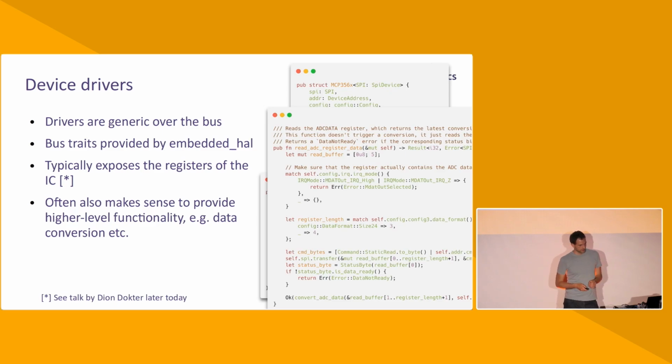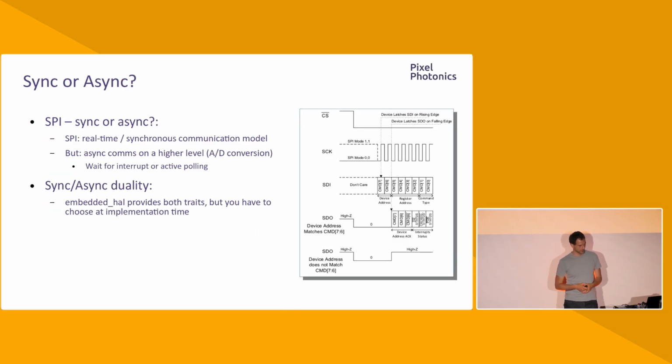Regarding this, I want to quickly go into the sync versus async topic, because there are two observations that we made here. First of all, this chip uses, as I said, an SPI protocol. And interestingly, SPI, for those of you that have used it before, is more or less a synchronous protocol. It's real-time communication, right?